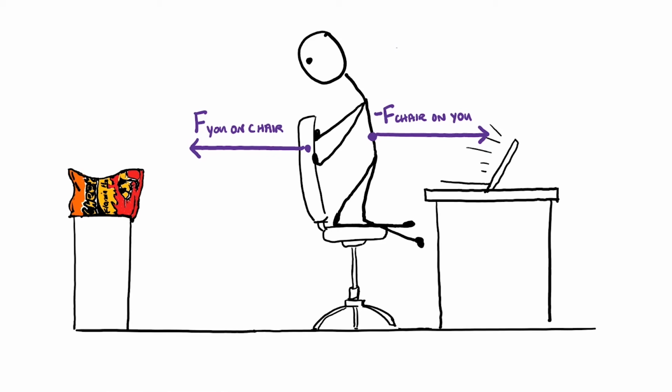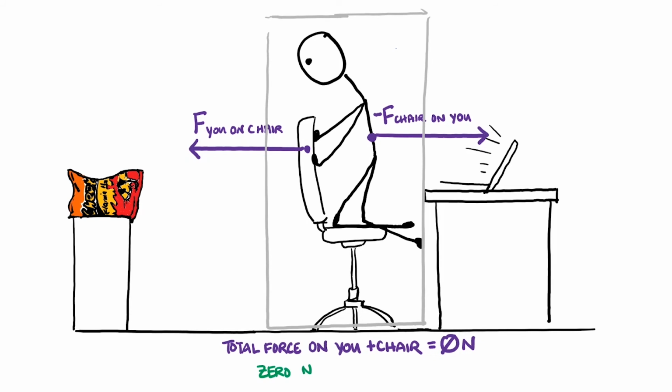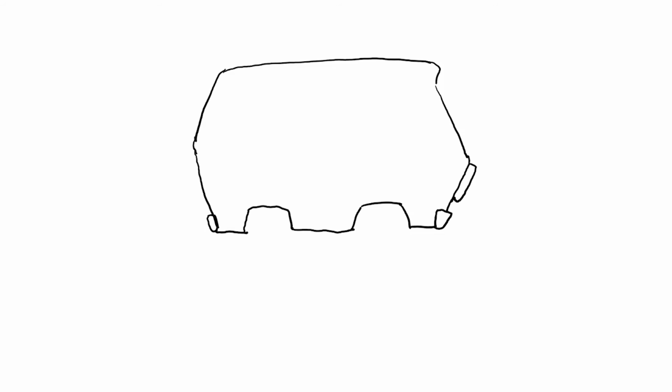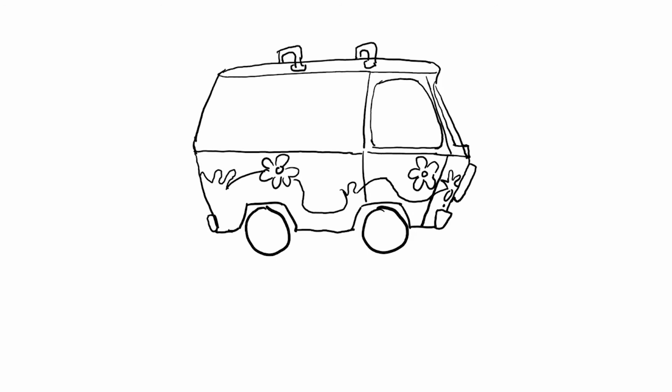So when we look at the total force acting on you and the chair, these would simply add to 0. A 0 net force results in a 0 net acceleration. This is no different from trying to get your van to move across the road just pushing it from the inside.